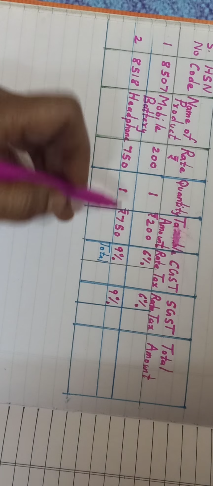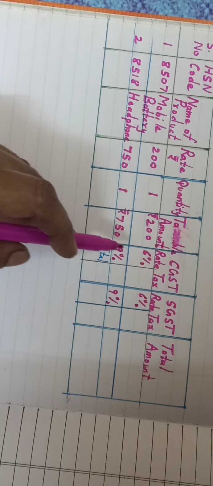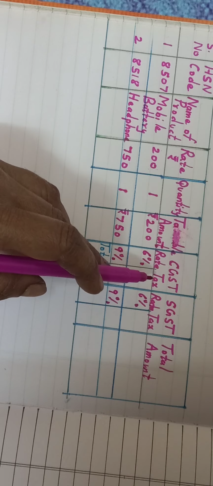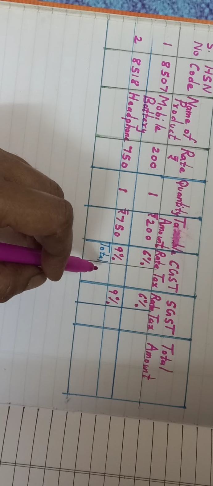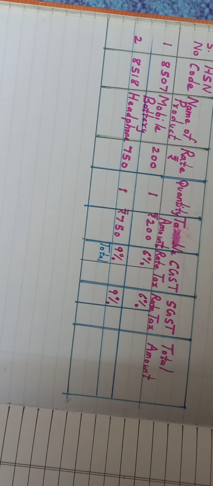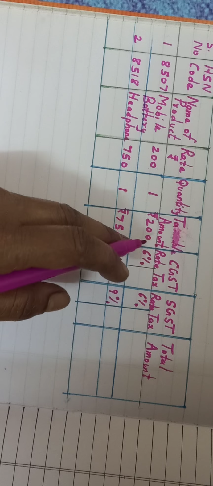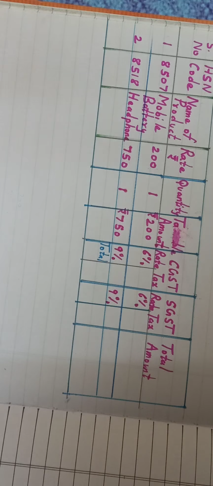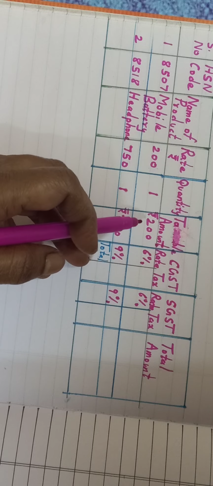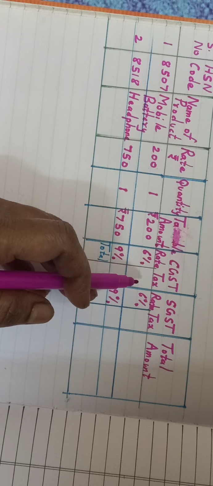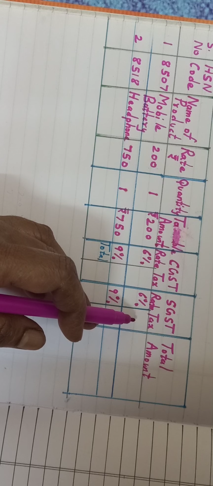Now we have to find the CGST total amount. Okay, so CGST amount here and SGST amount we will find, and so taxable amount plus CGST plus SGST will give us total amount.